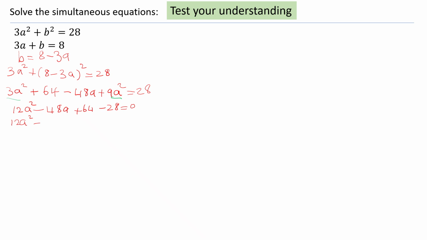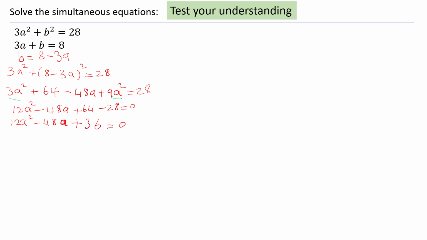So 12A squared minus 48A plus 36 equals 0.